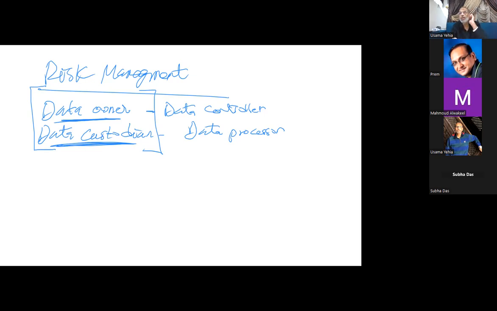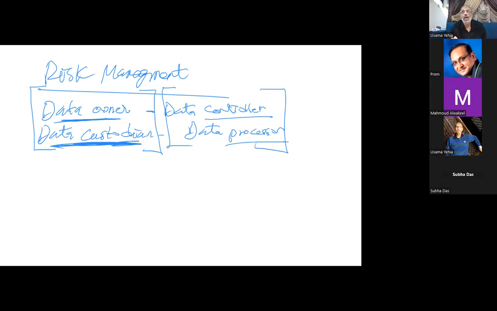So the owner is usually business, and the custodian is the people who work on his behalf to protect and process the data.